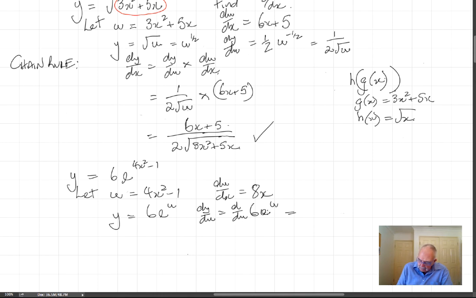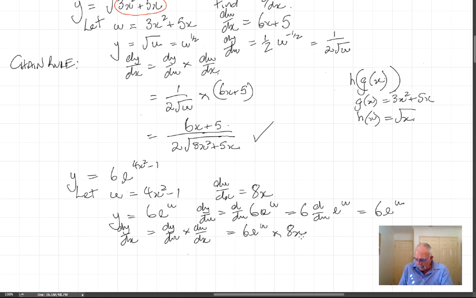Now, a constant multiplied out the front can come out the front, so that's 6 d du of e to the u, and we know that the derivative with respect to x of e to the x is e to the x, so the derivative with respect to u of e to the u will be e to the u, so that's 6e to the u. So chain rule, dy dx equals dy du times du dx. And dy du is 6e to the u times du dx is 8x.